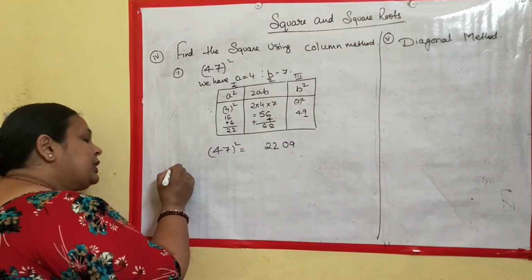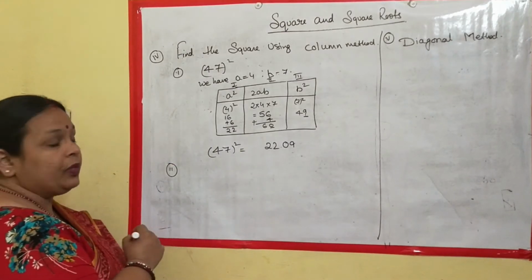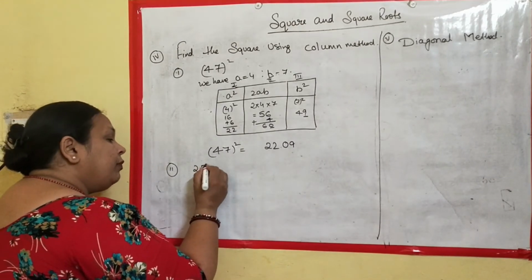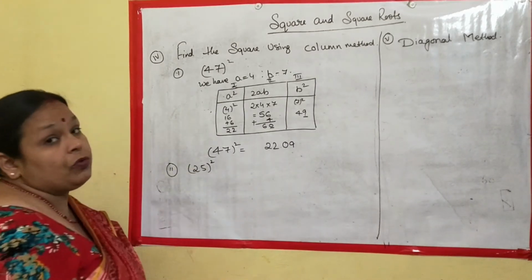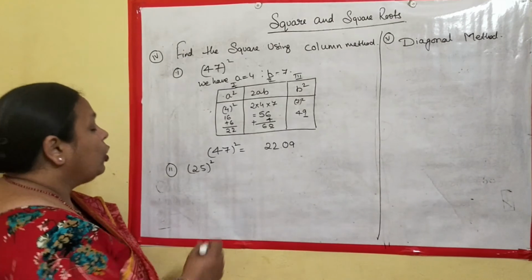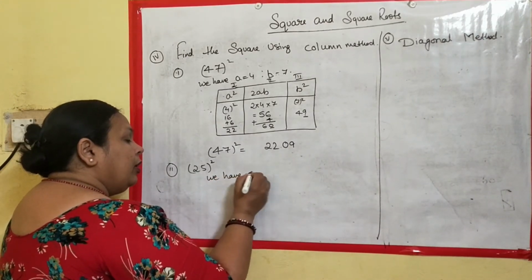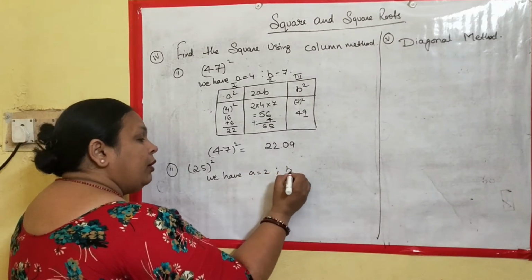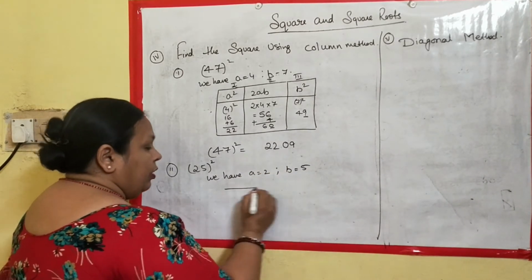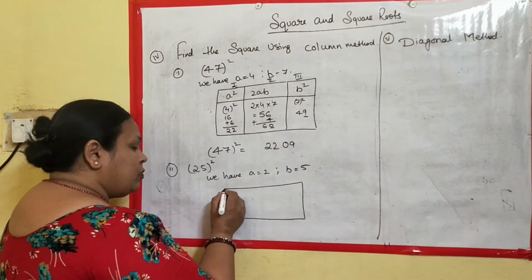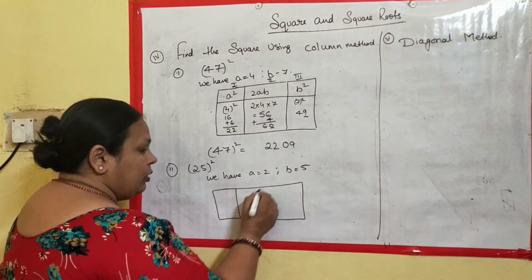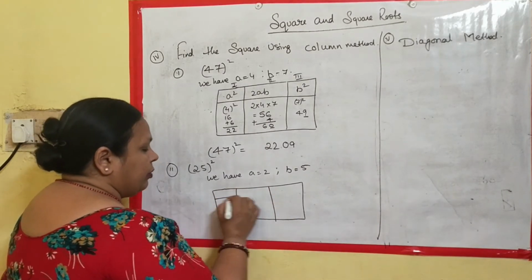Let's take one more example for this column method. Let the number be 25. We are going to find 25 square using column method. So here we have A is equal to 2 and B is equal to 5. We need to make 3 columns over here: 1, 2 and 3.